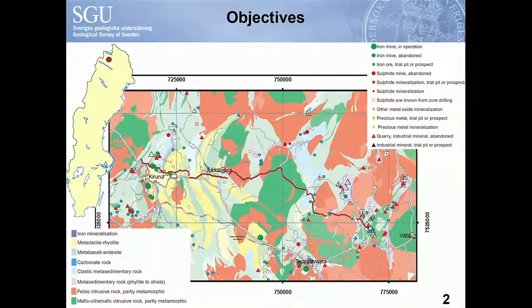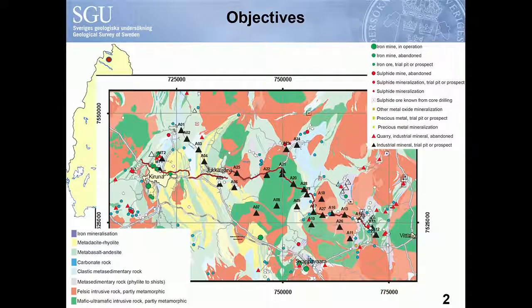In 2014 we carried out some MT measurements at these locations to get more information about the variation of the electrical conductivity of the ground, and also make some 3D inversion of the data we have in this area.